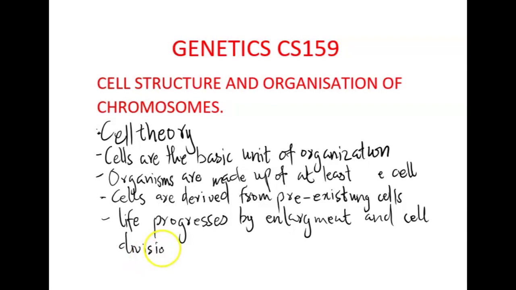So these are the theories. Cells are the basic units of organization. Organisms are made up of at least one cell. Cells are derived from pre-existing cells. Life progresses by enlargement and cell division.